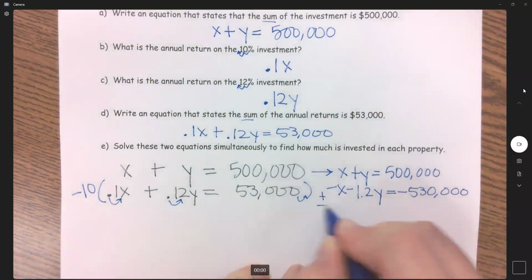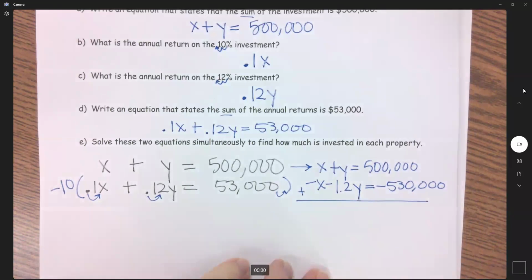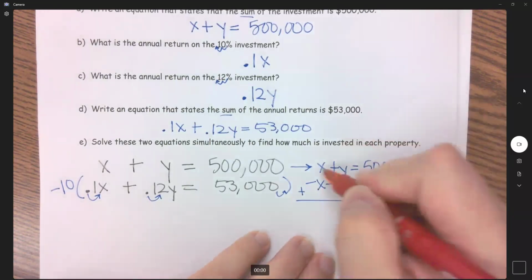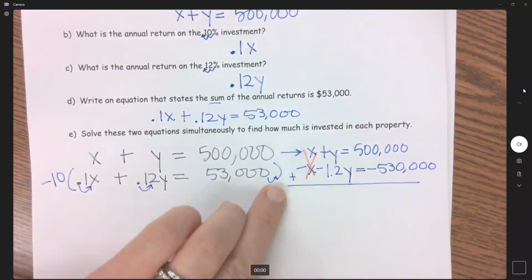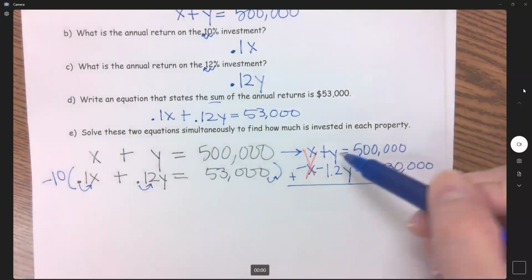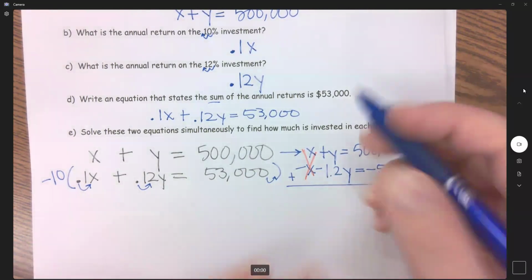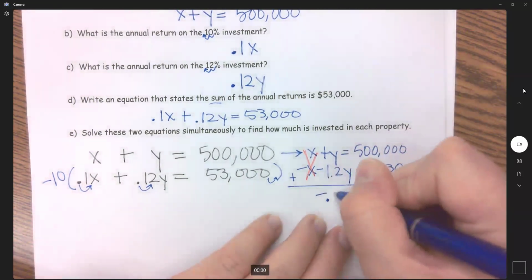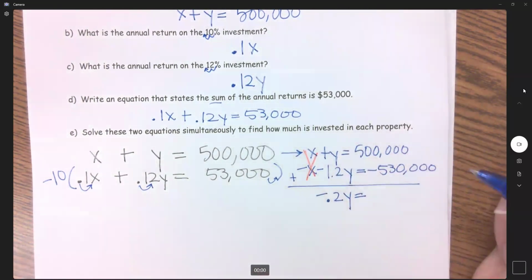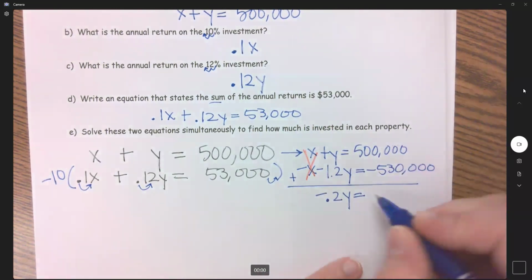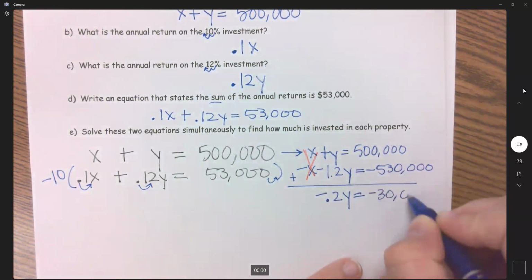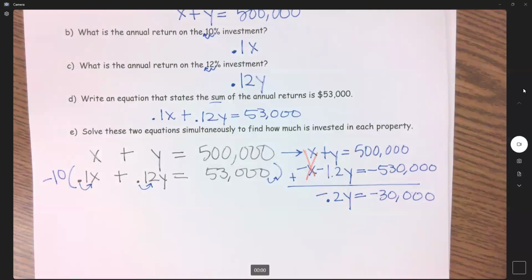So let's add here what we have left. Positive and negative x zero out, so those are eliminated. Now let's add what we have left. 1 plus a negative 1.2 is negative 0.2y. And 500,000 plus a negative 530,000 is negative 30,000.